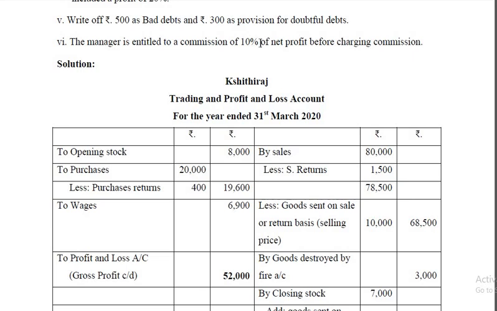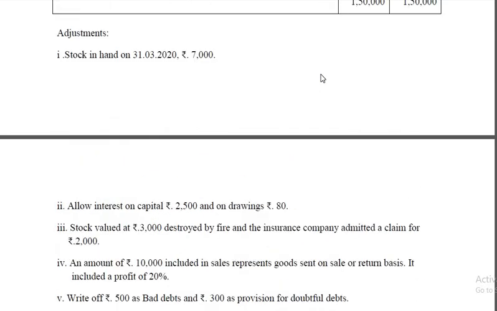So there is no other method than using this formula, that is the difference in the profit and loss account multiplied by percentage divided by 100 plus percentage. Here in our example, 10 by 110. But of course here it is given net profit before charging such commission, so 10 by 100. If it is after charging such commission, 10 by 110. Okay, I have covered all the adjustments.